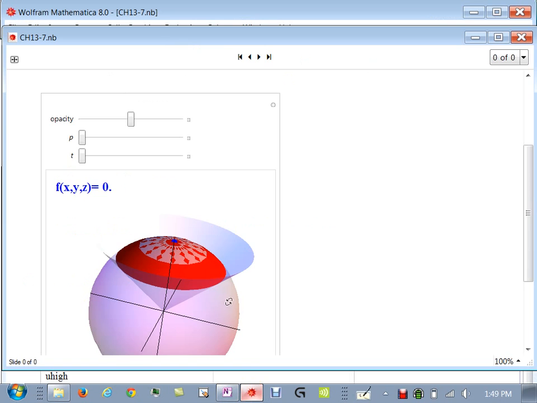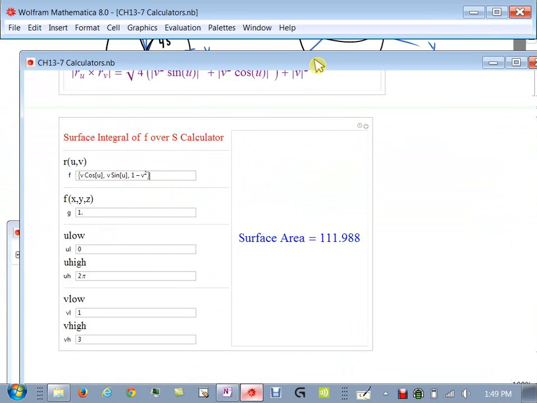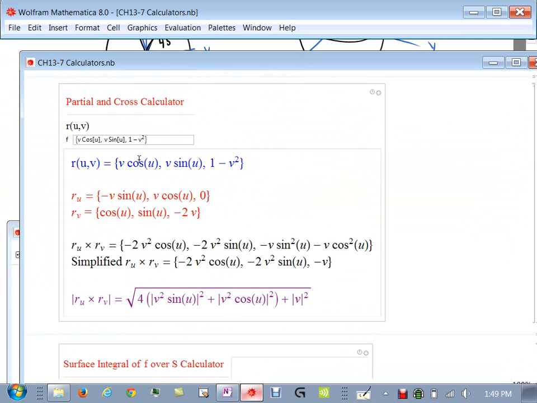We did, but I think I can just do it here also. Right, this is all I need. Do you all mind if I do it this way? Any objections? You realize what you would have to do though, right? Partials, cross product, simplify.